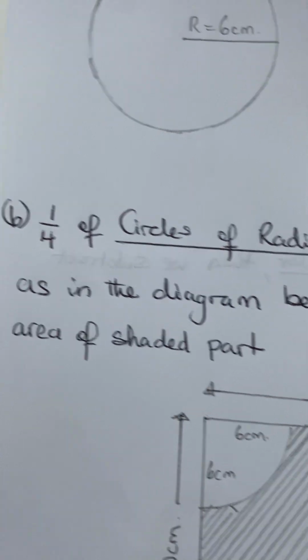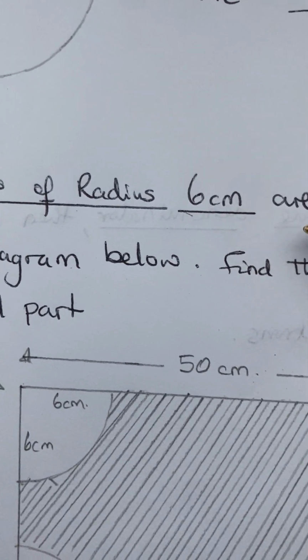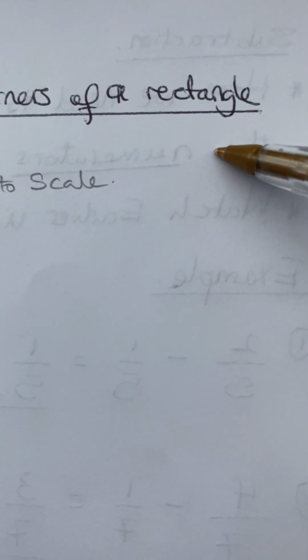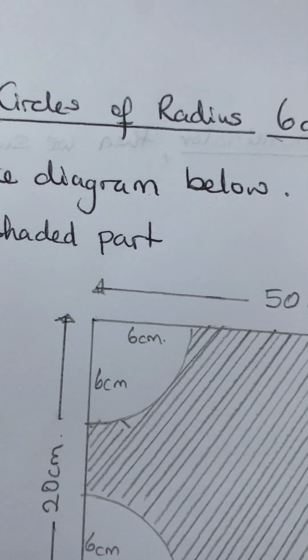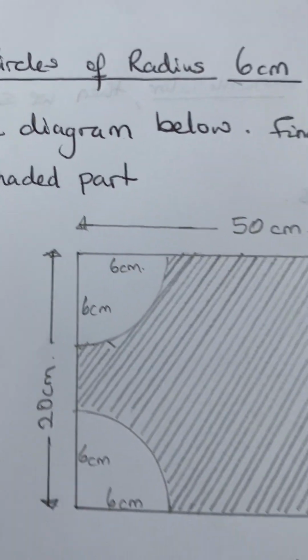A quarter of a circle of radius 6 centimeters is cut from the corner of a rectangle as in the diagram below. Find the area of the shaded part.